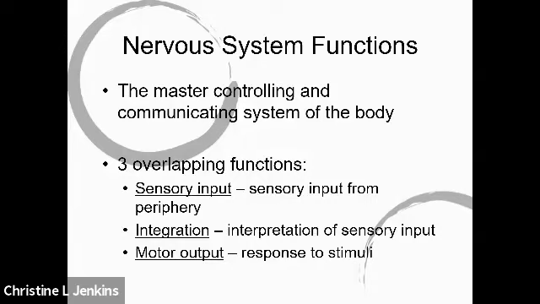The brain will process, hey, we need food. And then the brain will initiate a motor output response. In that case, it'll send messages to your hypothalamus to make you feel hungry. It'll send messages to your mouth as you think about food. Saliva will start to be produced, all these things.